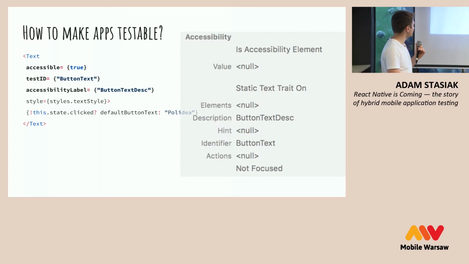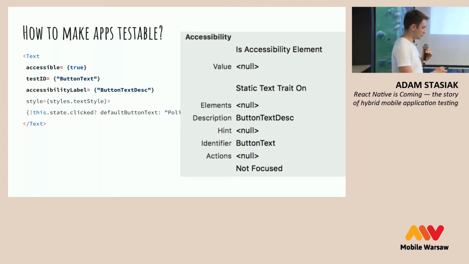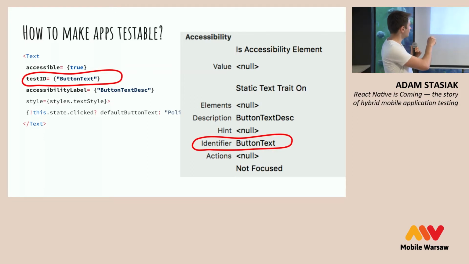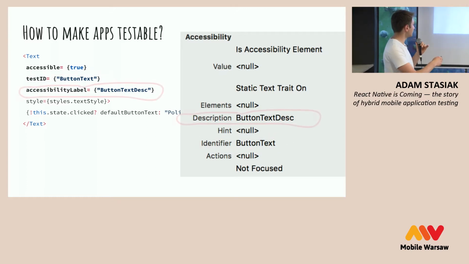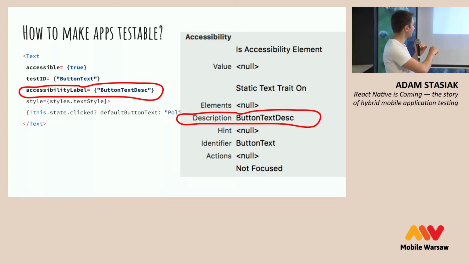And you can see that if we look inside the Xcode inspector, we will find testID displayed as identifier. So you can see that our change is applied to the native app. Next, you can see that accessibilityLabel is displayed as description. So this change was also applied.